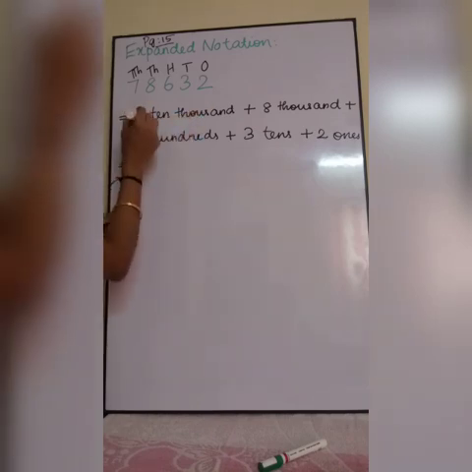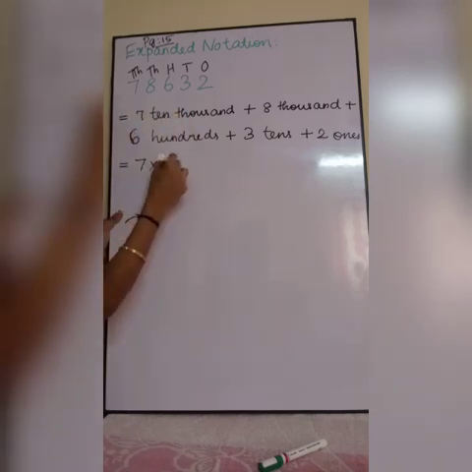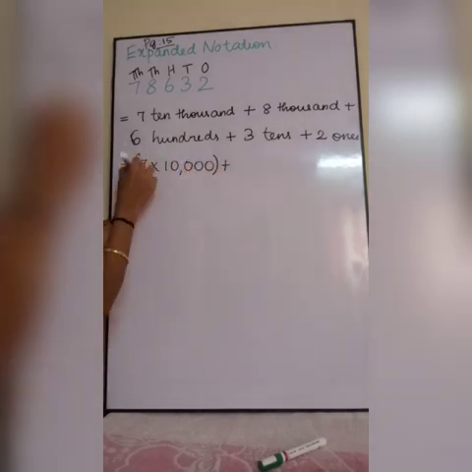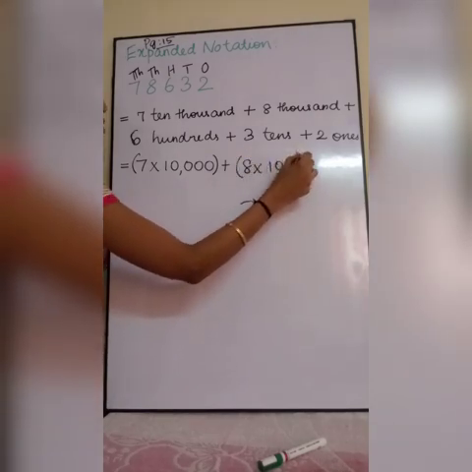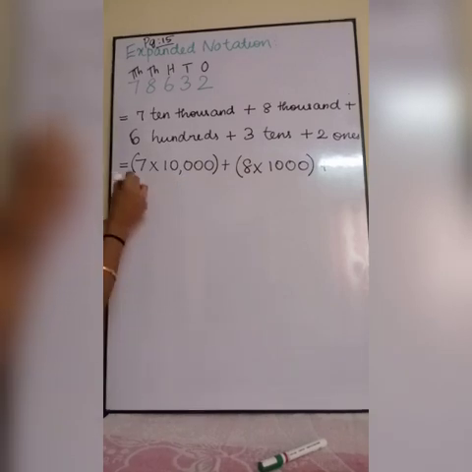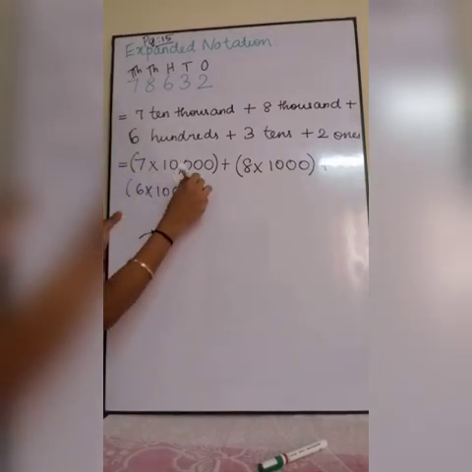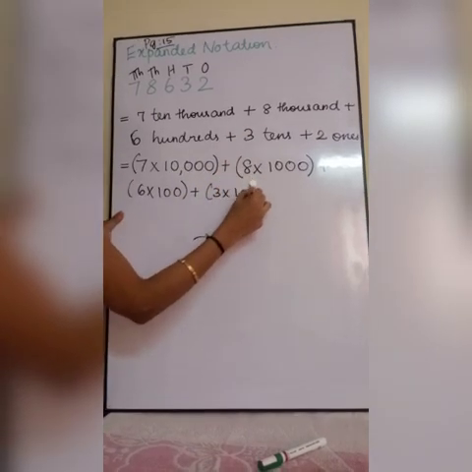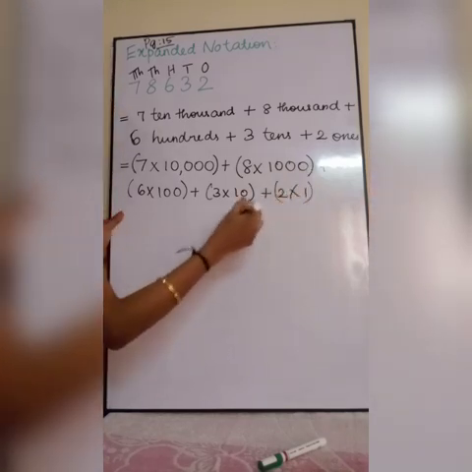Next what I am going to do is write 7 10,000s as 7 into 10,000, plus 8,000, so 8 into 1,000, plus 600s, 6 into 100, plus 3 tens, 3 into 10, plus 2 into 1, because 2 ones.